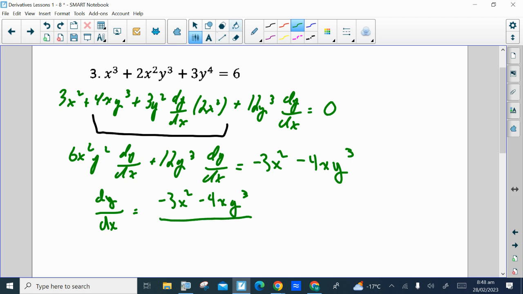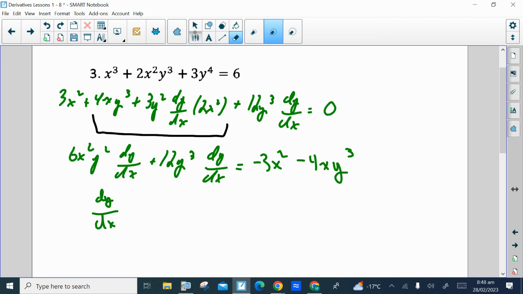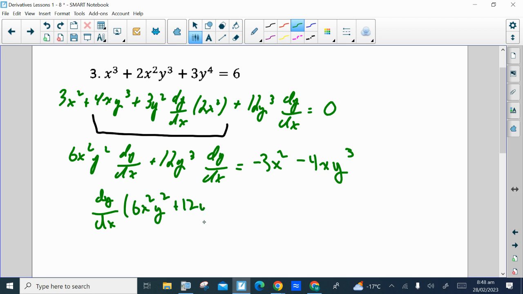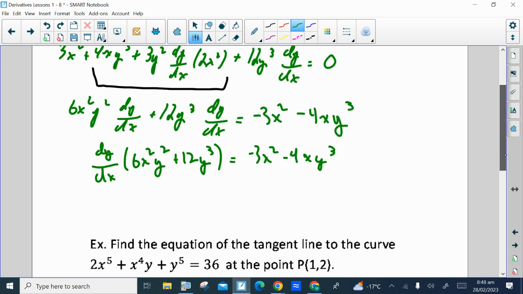Gives us 6x squared y squared plus 12y cubed inside the brackets. And then we would divide both sides by what's inside the brackets to get dy by dx by itself.